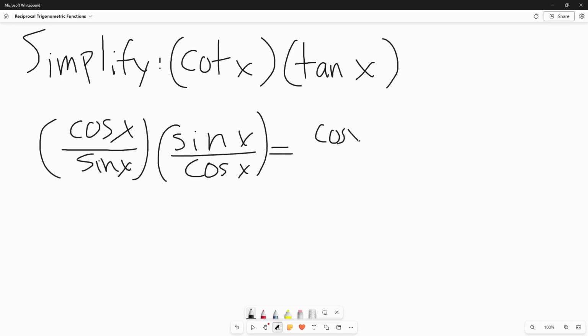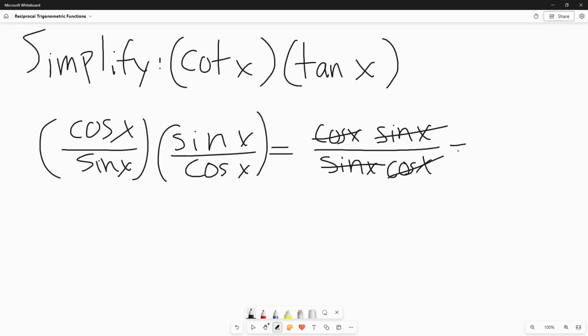Cosine of x times sine of x over sine of x times cosine of x. And we can notice that cosine of x cancels out cosine of x, and sine of x cancels out sine of x. And if we cancel out everything, we just get 1 over 1, which is equal to 1.